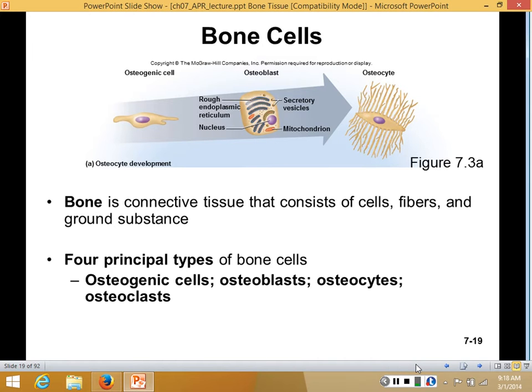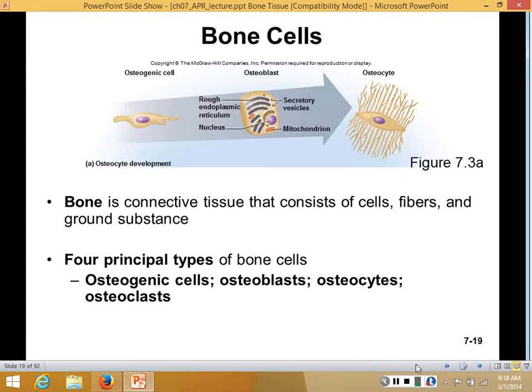Those are the cells that respond to any type of fracture. Those cells can transform themselves into your osteoblasts. Your osteoblasts are considered your bone-forming cells. They're the ones responsible for depositing matrix, osseous tissue, or more bone tissue in our bones.